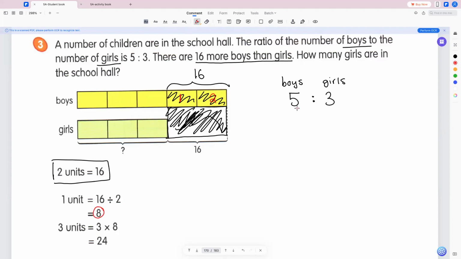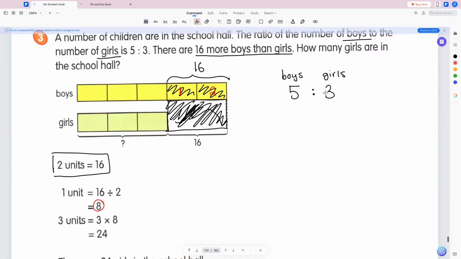Okay, now if we know using our ratio that for every 5 boys, we have 3 girls, we can simply do a little bit of multiplication to figure out how many girls and boys there are. Okay, using this diagram over here. So we know that the girls have 1, 2, 3 units. So we can take 1 unit, we know that that's 8.